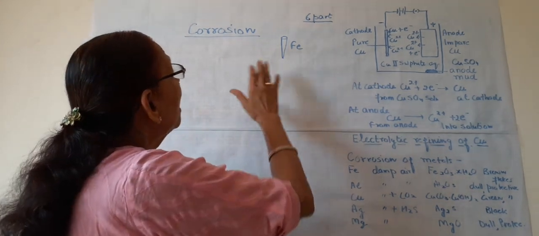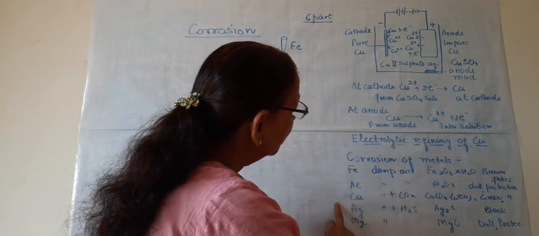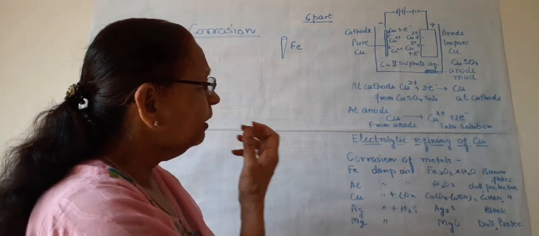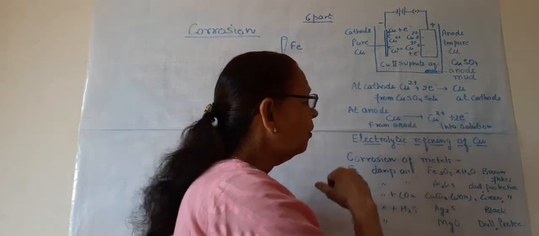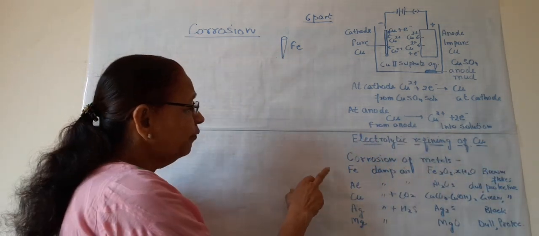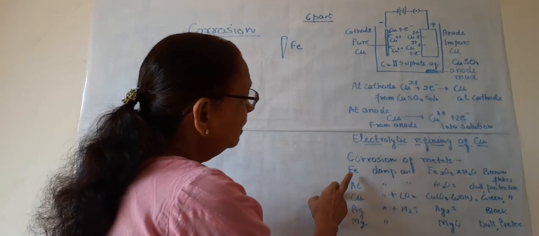So this is how corrosion takes place, and I have written corrosion in different metals. What is the action of air? What is the name of the compound formed and how do they look? So first you can see here is iron. Most important, iron.